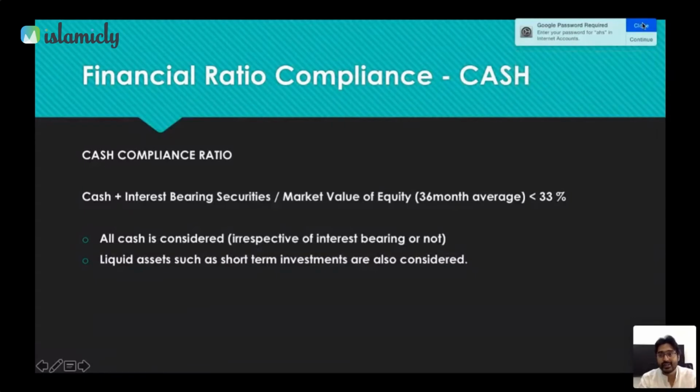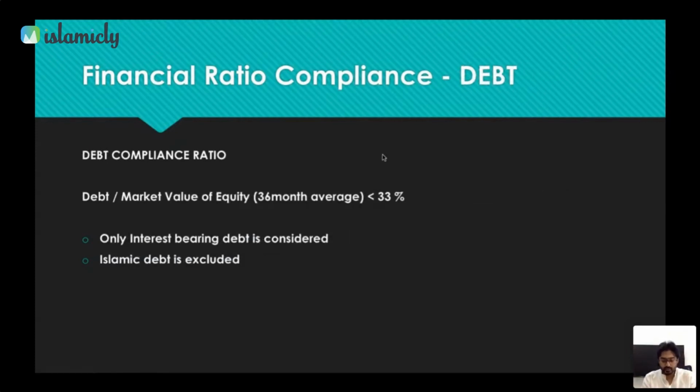The second ratio is the cash ratio. Okay, before we move on to the cash ratio, you might have a question: why is there a 33% tolerance to this, right? Why not a 0% tolerance? Why is any company which is classified as Sharia compliant, having interest-bearing debt, allowed to pass the screening criteria?